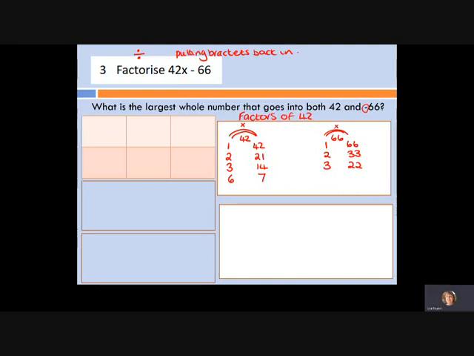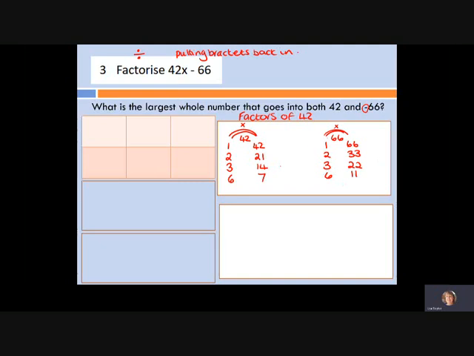If I divide it by 2, I get 33. If I halve that, I get a decimal number. So 4 does not go into it. 5 doesn't go into it because it doesn't end in a 0 or a 5. 6 goes into it 11 times. 66 is not in the 7 times table, the 8 times table, or the 9 times table, or the 10 times table. So we know we've got them there.